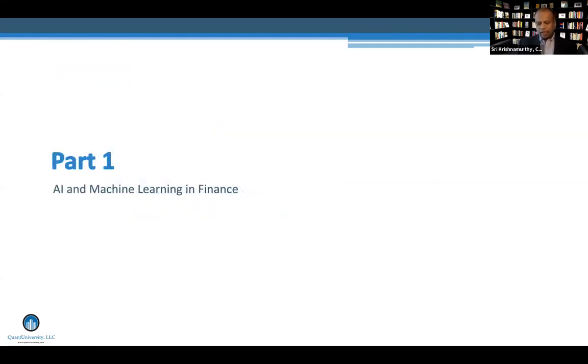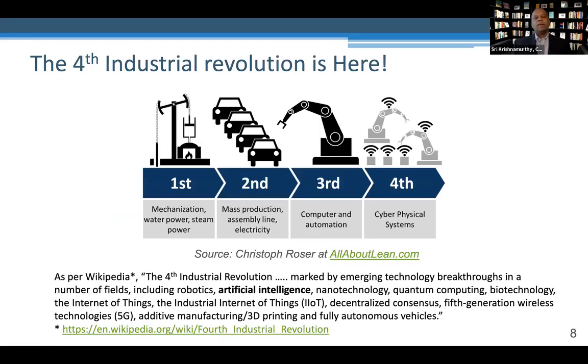So the way we want to talk about machine learning is to understand how we have seen the industrial revolution happen. As we saw in the early 1900s, humans were mostly doing the work and it was labor intensive.